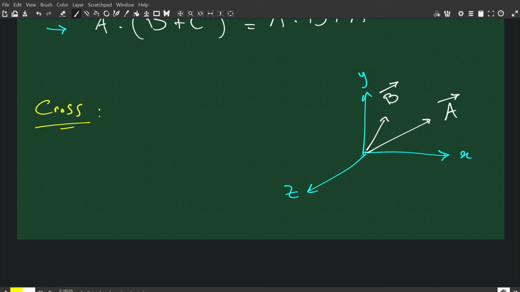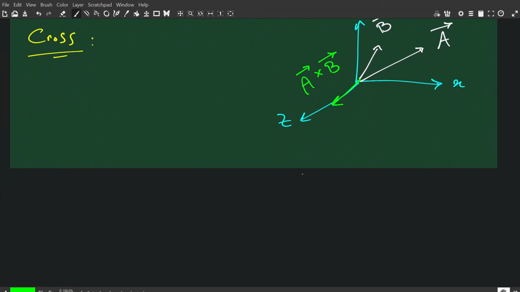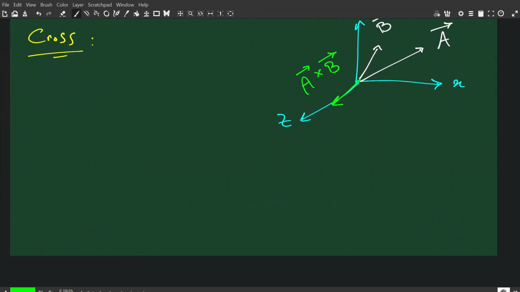We define A cross B vector as a vector here. It's A cross B, and it's vertical to the other two vectors.